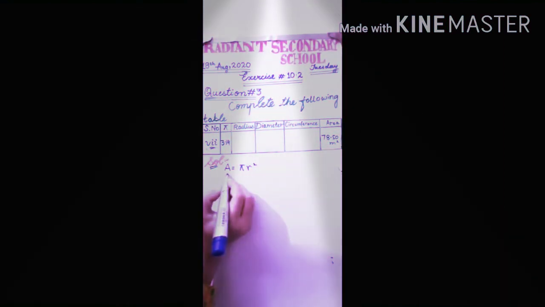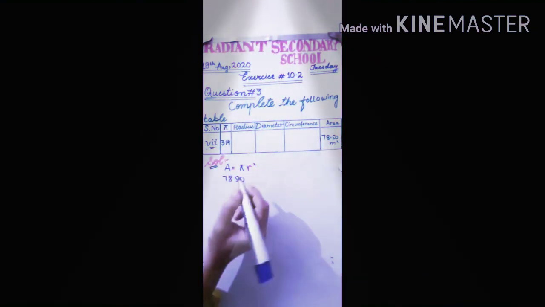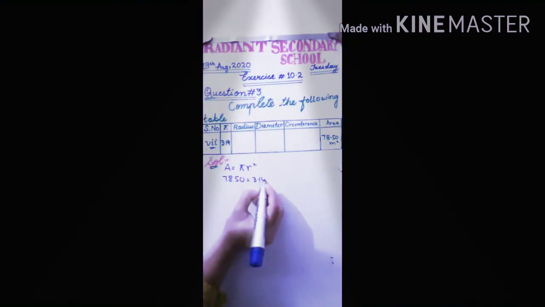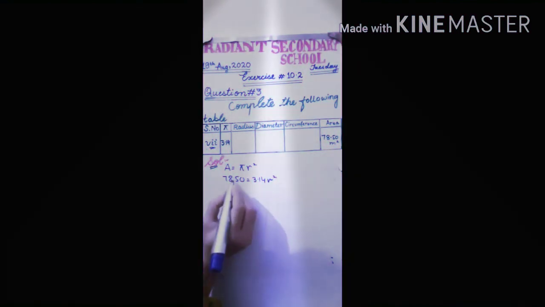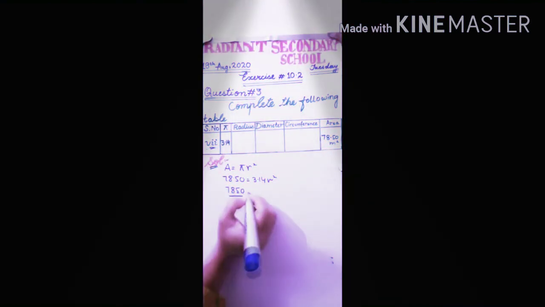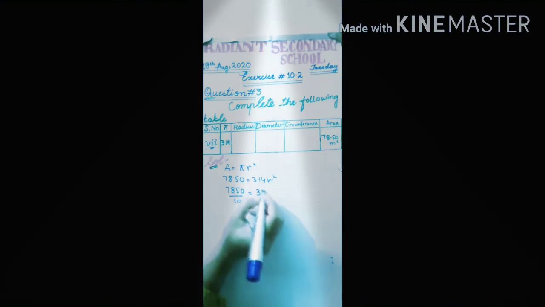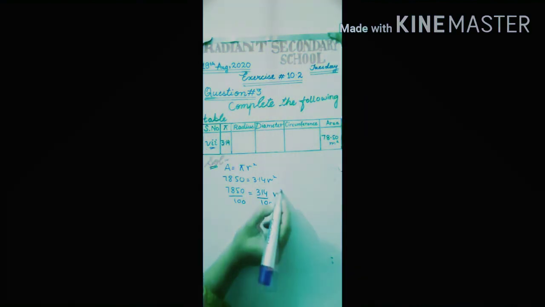Now in place of area, you can write 78.50, because in the question the value of pi is given as 3.14, and r square stays as it is. Now remove this decimal point, it will become 7850 over 100 equals, again removing this decimal, 314 over 100 times r square.